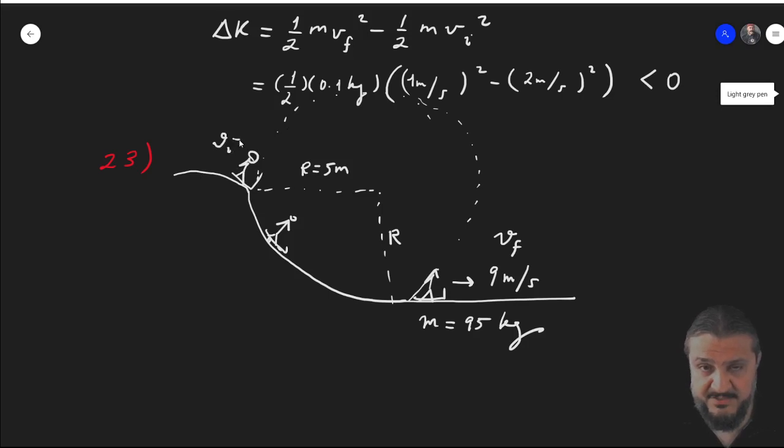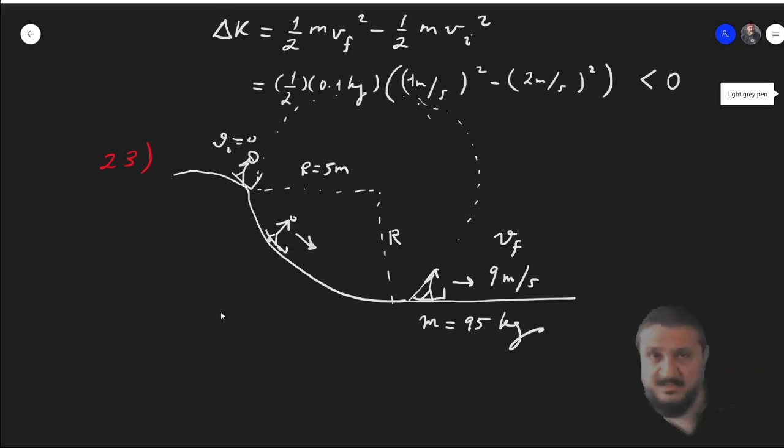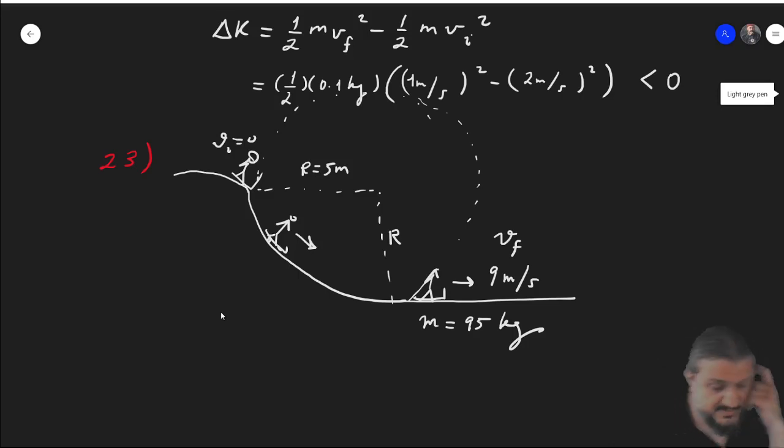So the initial is 0. But of course here, Jim has a speed, a circular motion, right? A speed something between 0 and 9, obviously. Alright, so how much work is done by friction as the skateboard goes down the ramp?